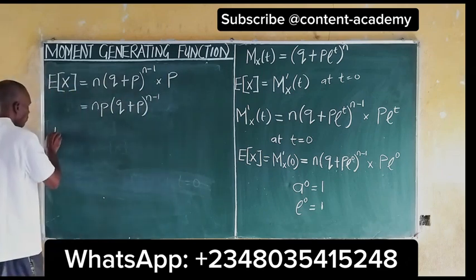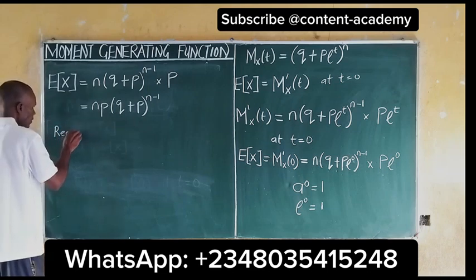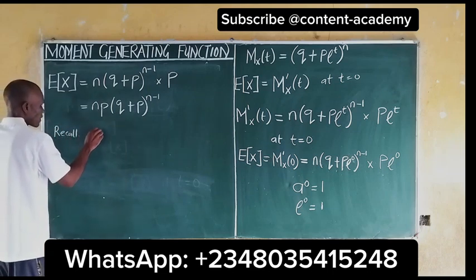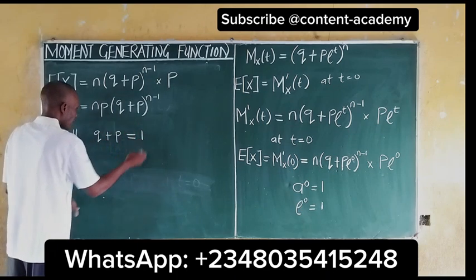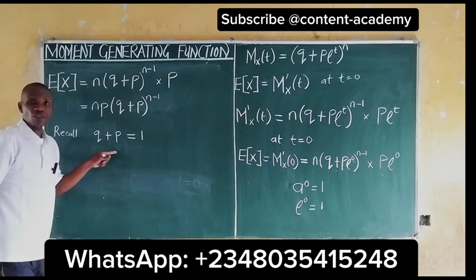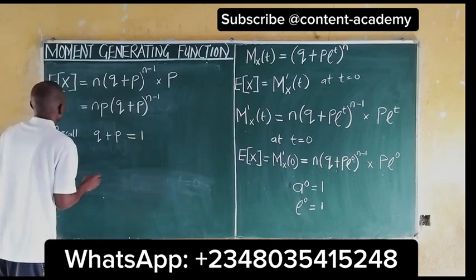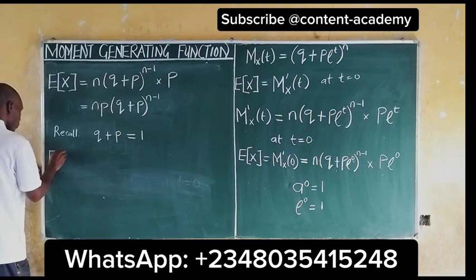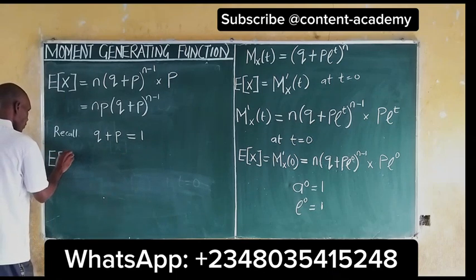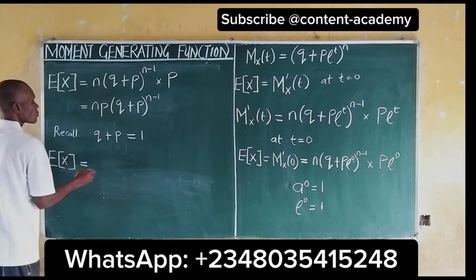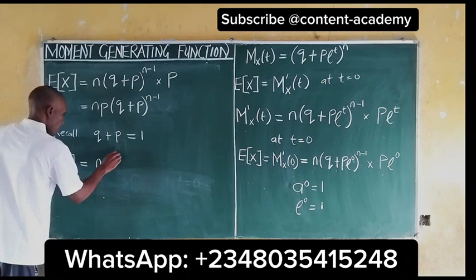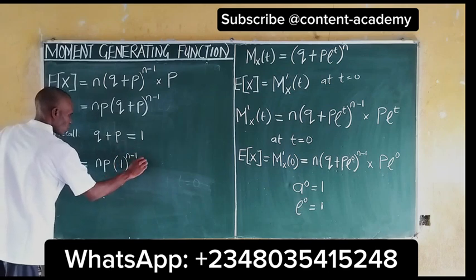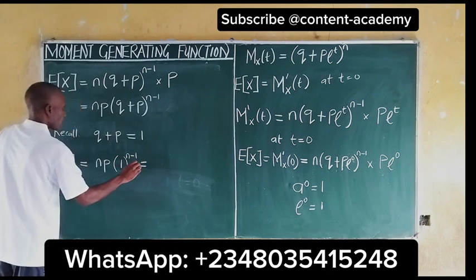And we recall that from probability, q plus p or p plus q is equal to 1. The probability of success plus the probability of failure is equal to 1. So it then means that our expectation of X is equal to np into 1 raised to the power of n minus 1, which is equal to np.